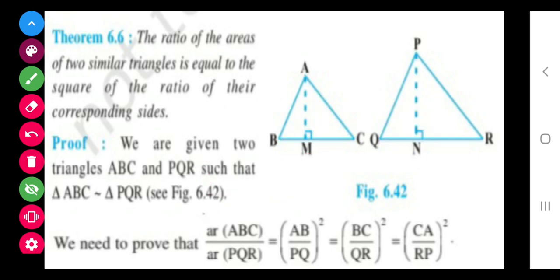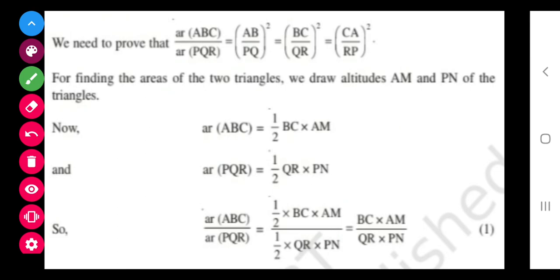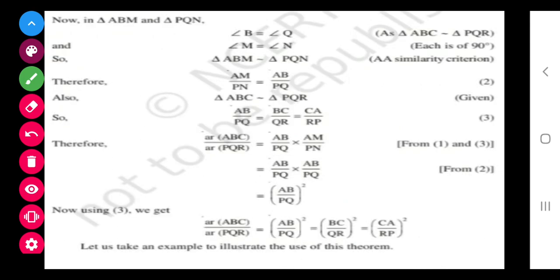If they are similar, then AB upon PQ will be equal to AM upon PN. See class, they have also used the same. Now AM upon PN is equal to AB upon PQ. But as in the theorem it is already given, ABC is similar to PQR.